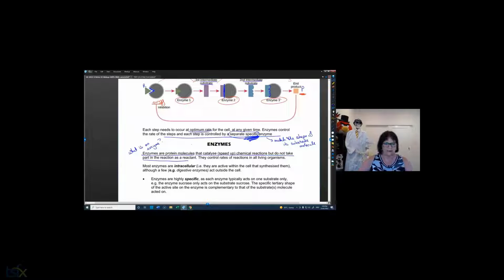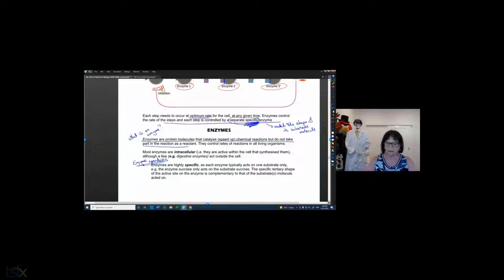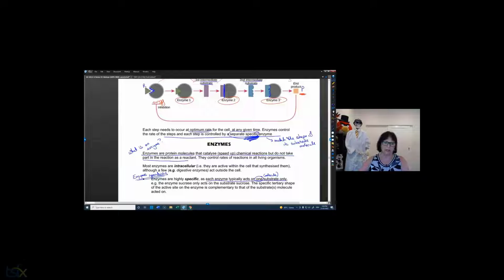The second part of enzymes is this idea about enzymes being specific. And that's to do with the idea of each enzyme acts on one substrate or molecule, if you like, only. Enzyme 1 only acted on that green triangle. Enzyme 2 only on the purple rectangle. One molecule only.